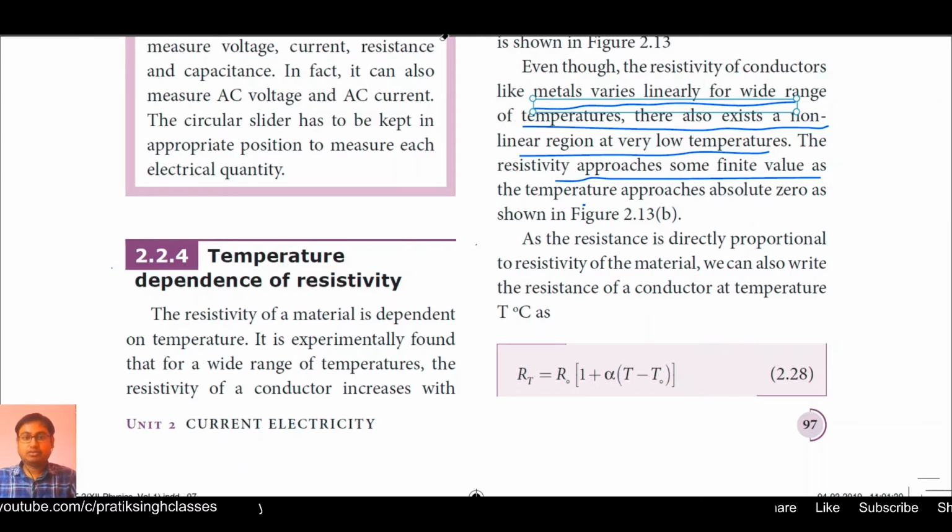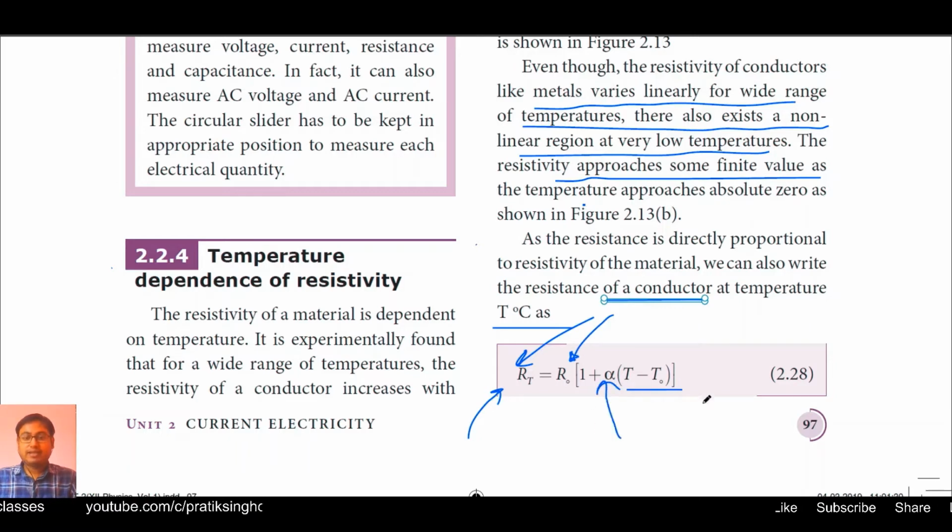We can also write the resistance of a conductor at temperature T degree Celsius as R T is equal to R naught into 1 plus alpha into T minus T naught. That means resistance at temperature T is equal to resistance at a certain temperature, that is at zero temperature or any other temperature which we have already given, into 1 plus alpha into T minus T naught.